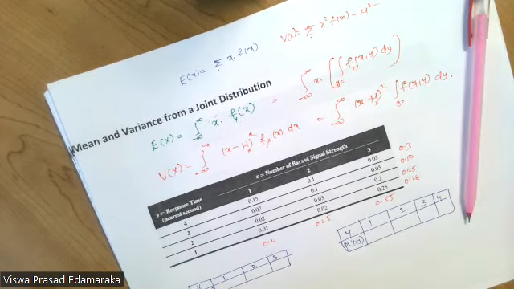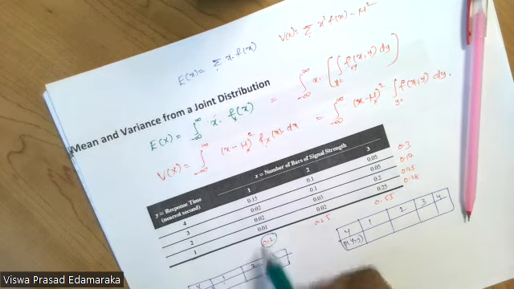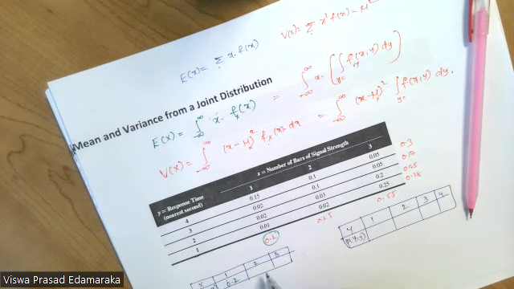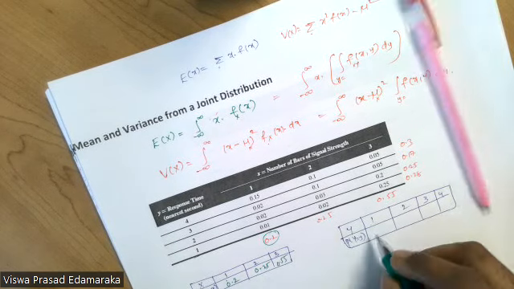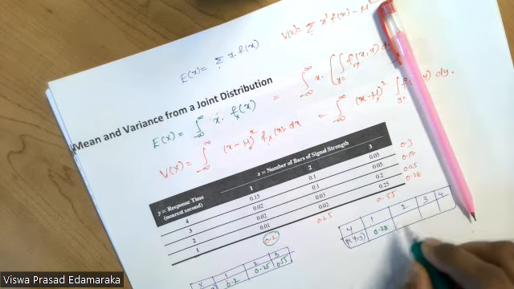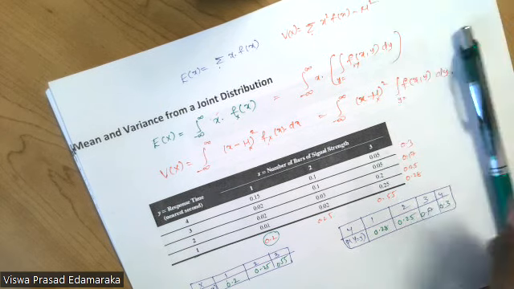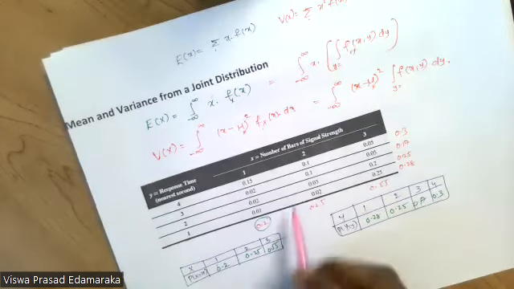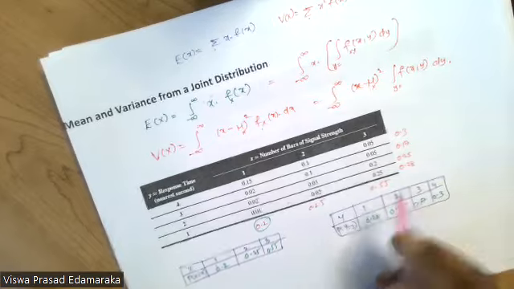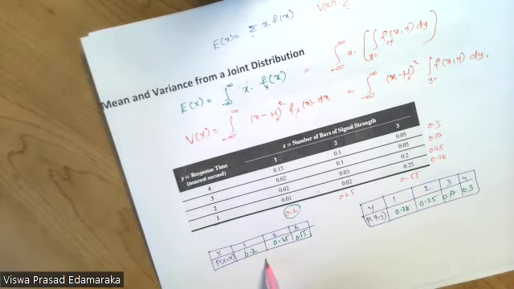What is the value of p of X equals x? For x this is 0.2, 0.25, 0.55. For y, this is 0.28, 0.25, 0.17 and 0.3.